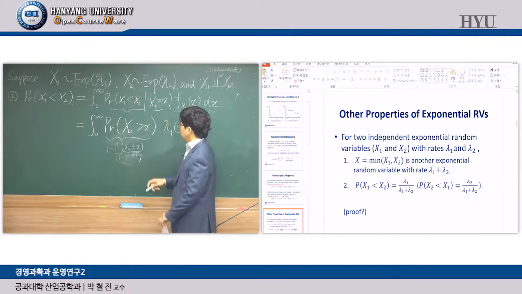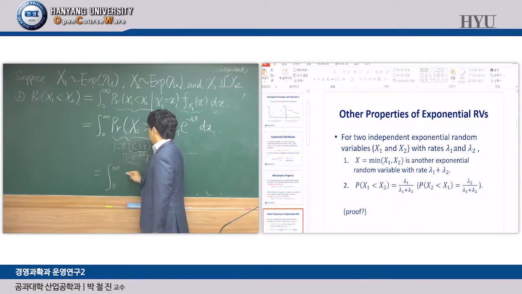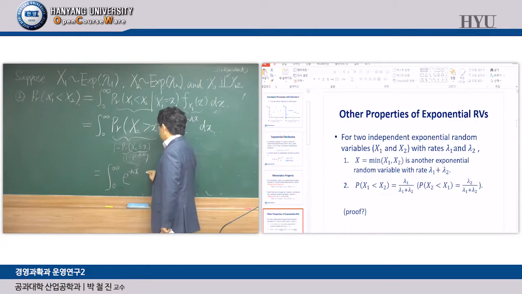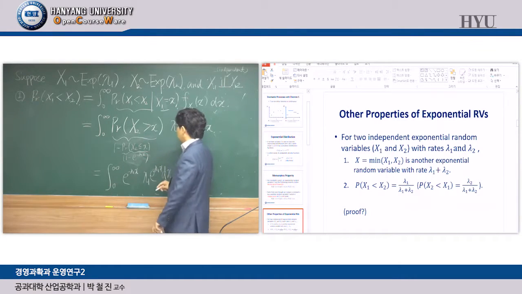So the whole part is the integral from 0 to infinity of e to the negative lambda 2 x times lambda 1 e to the negative lambda 1 x, dx.